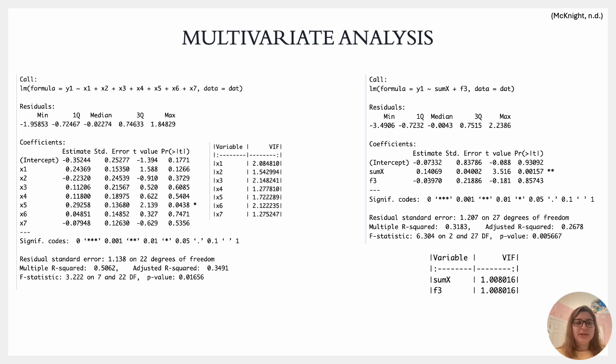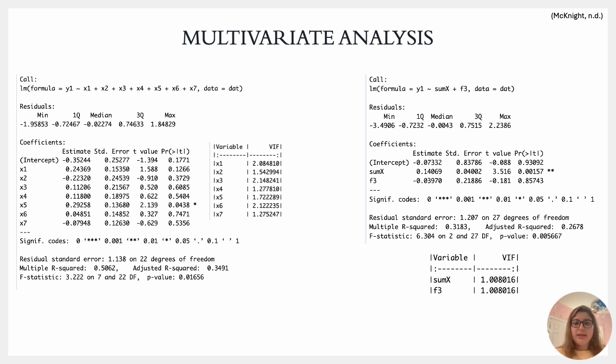We can see that that one is significant with the value of 0.0438. The R squared is moderate with a value of 0.5062, which is like 50.62%. And then we do have an adjusted R squared value of 0.3491.